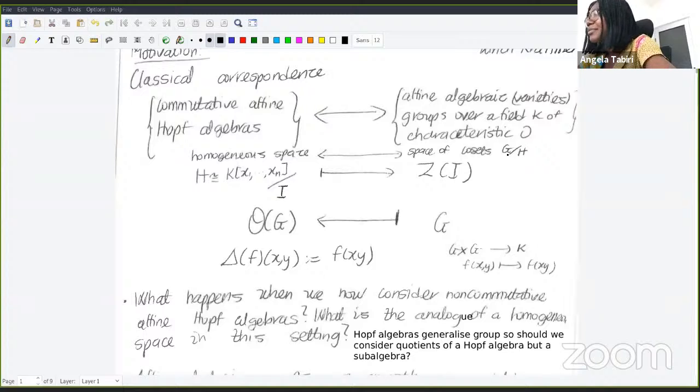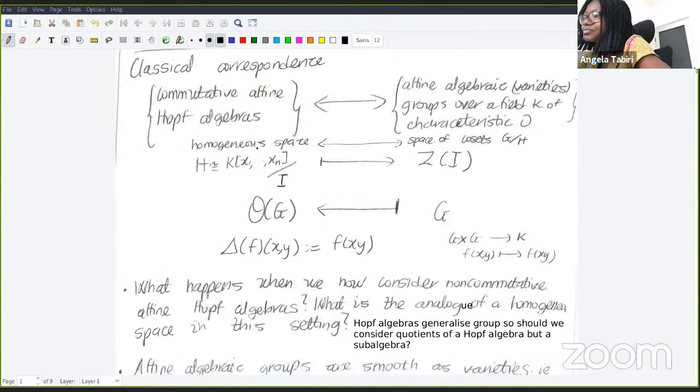So it turns out that the right analog of this will be you not considering Hopf subalgebras, but things that we call right or left coideal subalgebras of your Hopf algebra. And the geometric property of transitive group action on this side of the correspondence corresponds to the algebraic property of faithful flatness. So these non-commutative analogs that we will find out will be quantum homogeneous spaces. So we will define them using the faithful flatness property.